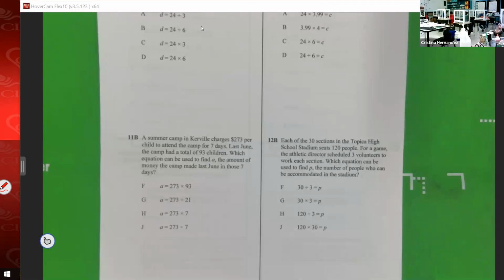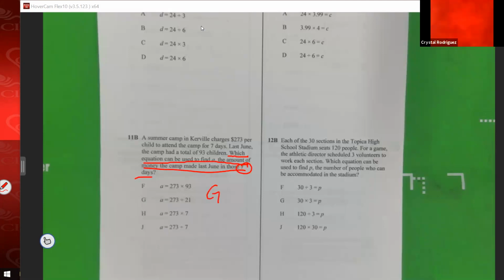Which equation can be used to find A, the amount of money the camp made last June in those 7 days? What other number do we not need in A that we can cross out that we're not going to need for our get? We know we're going to be using get. What number do we not need?